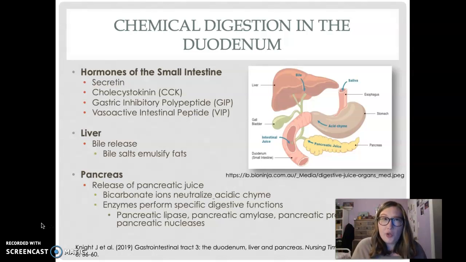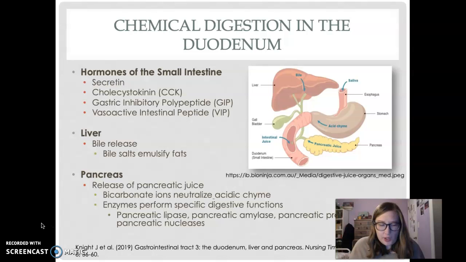Moving on to the pancreas, as previously mentioned, the pancreas releases pancreatic juices that contain digestive enzymes. As a review, the bicarbonate ions in the pancreatic juice neutralize the acidic chyme with the basic pH of about 8.3. Now, each of the following pancreatic enzymes performs specific digestive functions.